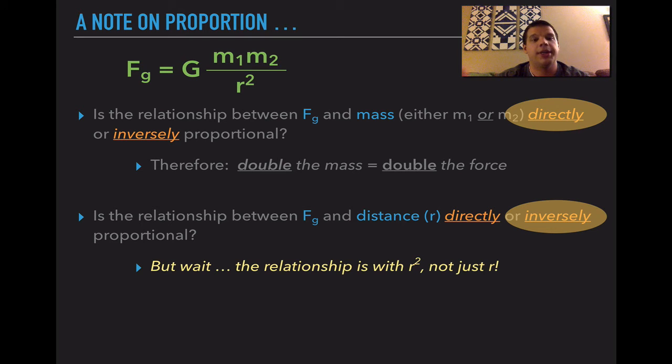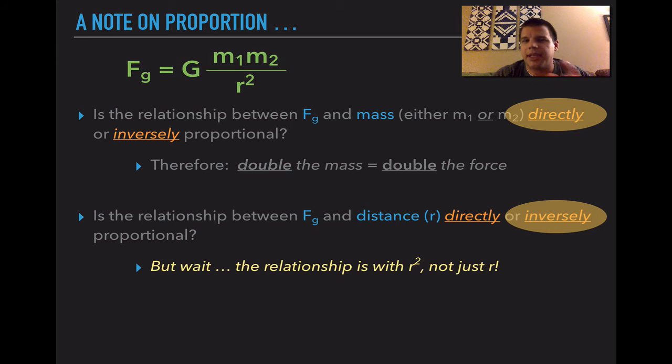And when they're on opposite sides of the fraction and opposite sides of the equal sign, they're going to be inversely proportional. So since the force of gravity is in the numerator on the left and the radius, or distance, is in the denominator on the right, then those are going to be inversely proportional. But since r is squared, we said that the relationship is with the distance squared, not just the distance.